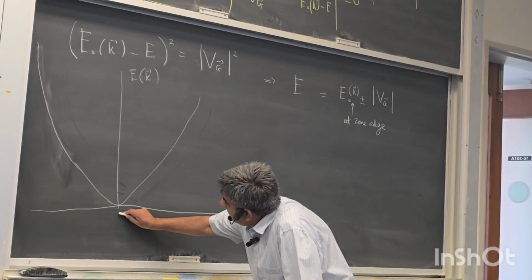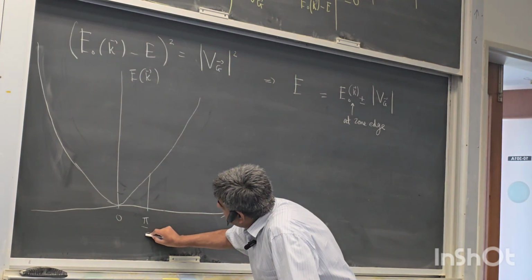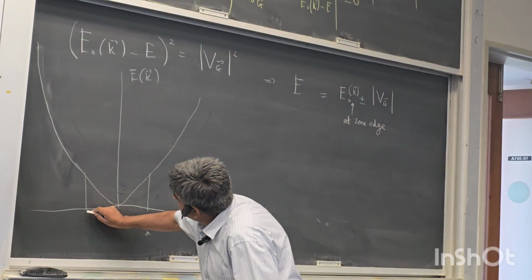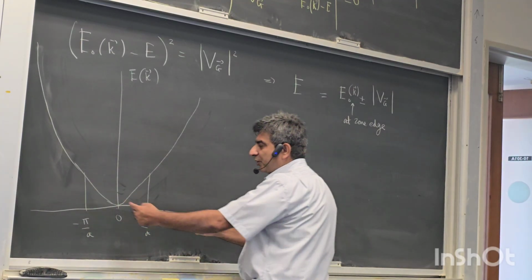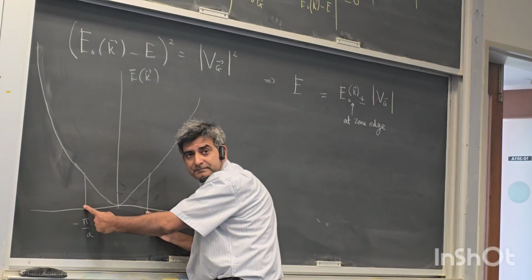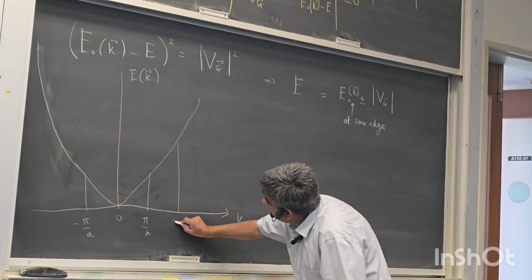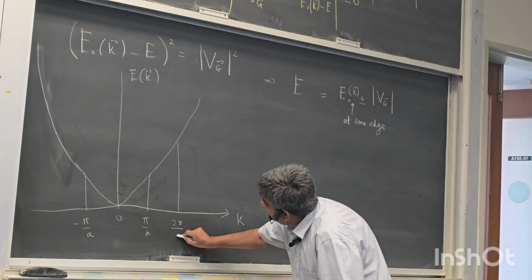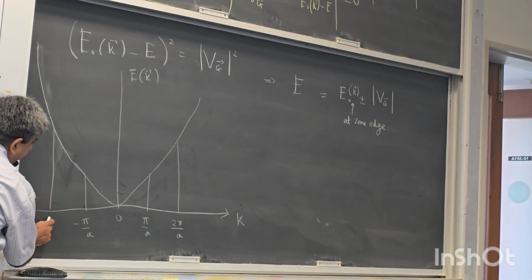Suppose this is 0. This is a point pi over a, and this is minus pi over a. These points are separated by 1G. Then you have a point 2 pi over a, and likewise a point here, minus 2 pi over a.